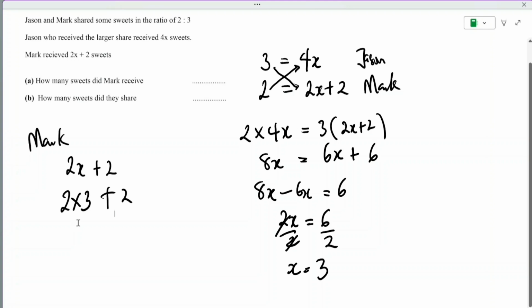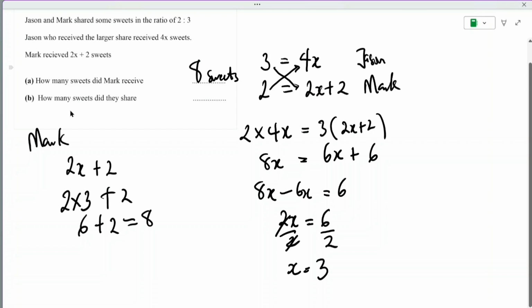You have to follow the rules of BODMAS, particularly in this case where you have to multiply first before you add. So you have 2 times 3, that's 6, plus 2. 6 plus 2, you have 8. So Mark received 8 sweets. So Mark got 8 sweets.